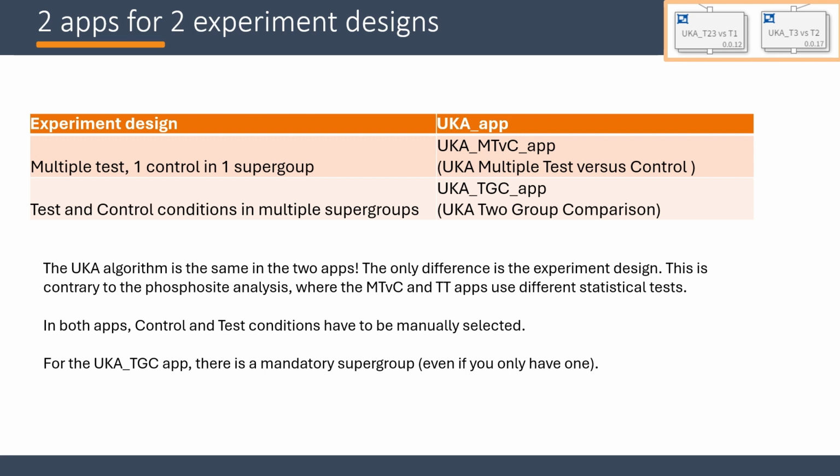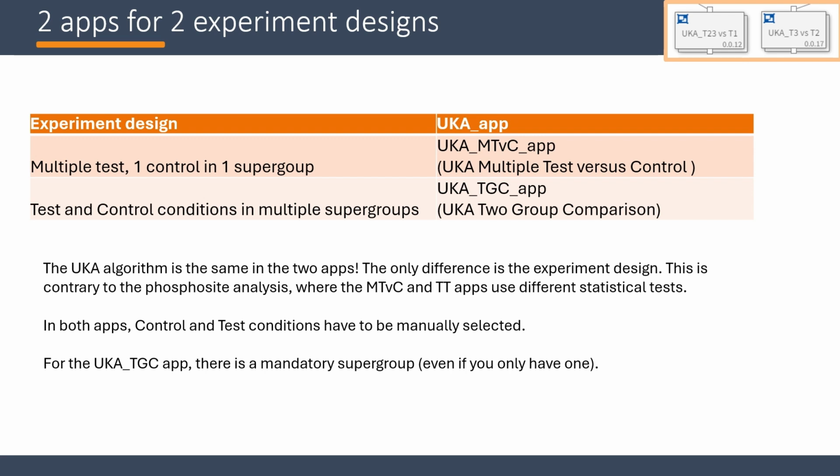However, there is no similarity with the algorithm in the MTvC app for phosphosite analysis. In the C1T1, C2T2 templates, the UKA app is called the UKA Two Group Comparison, or TGC app. It compares one test condition to one control condition, but it can do it in multiple supergroups at once.